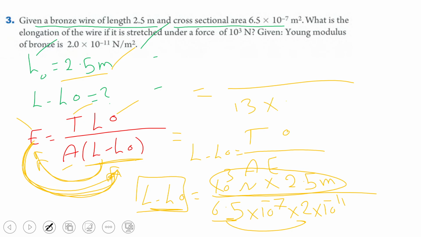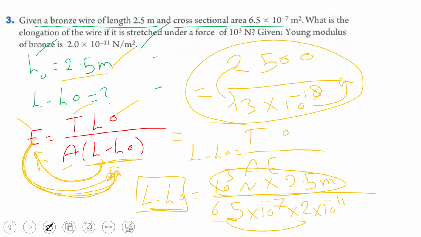Negative 7 with negative 11 becomes 10 power negative 18. The up, 10 power 3 times 2.5 becomes 2500. Then divide this number by this one, and move 10 power negative 18 up. You can use a calculator and get the answer.